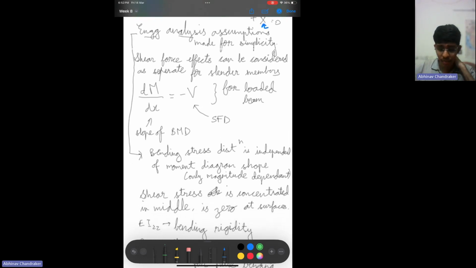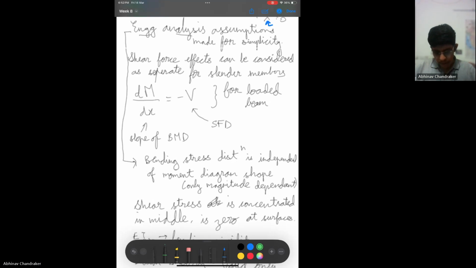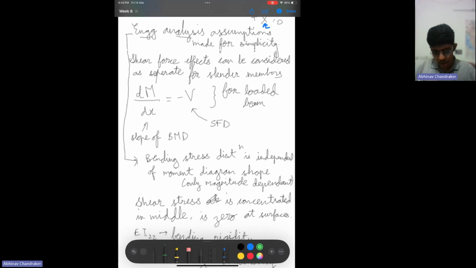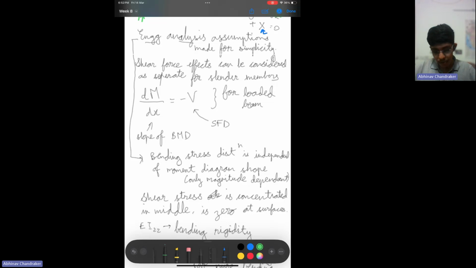And here we make this important assumption that the shear force effects can be treated as being separate from the bending moment effects for slender members. And it has been shown that if you consider shear force effects as being separate, then for a loaded beam we'll have a relationship between the bending moment and the shear force.